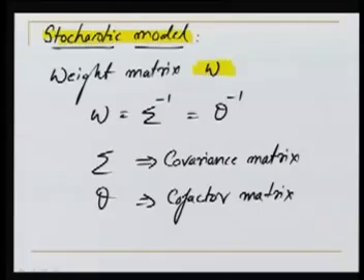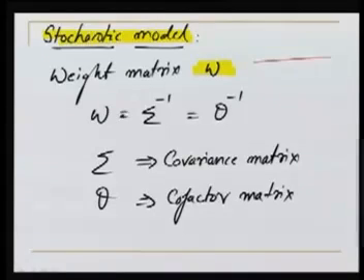Now how do we decide the weight? There are various criteria. One of them is that the weight is inversely proportional to the variance. For example, a length is being observed, and it has been observed n number of times.